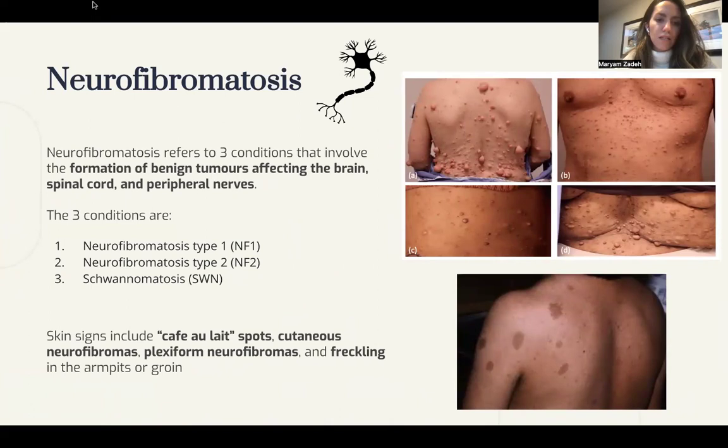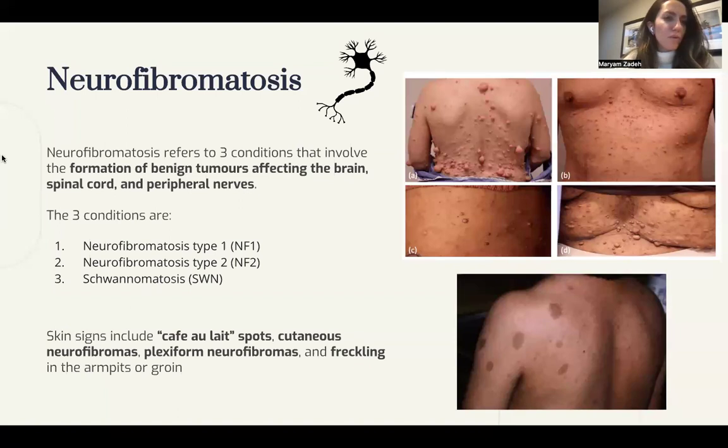Some other skin conditions that you can get. Neurofibromatosis is a series of conditions where you get formation of benign, meaning non-cancerous, tumors that can affect different parts of your body. NF1 and NF2 are essentially the constellation.